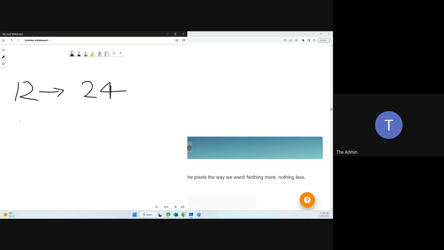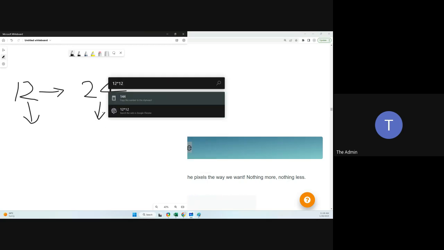Let's talk only about the red channel, because we're going to follow the same process on the green and blue also. How many pixels do I have here? 12 cross 12 is 144, and we want to convert this into 24 cross 24.